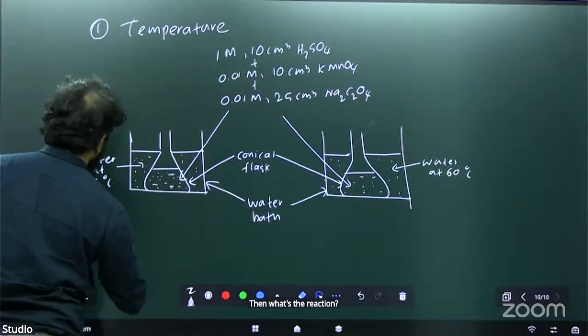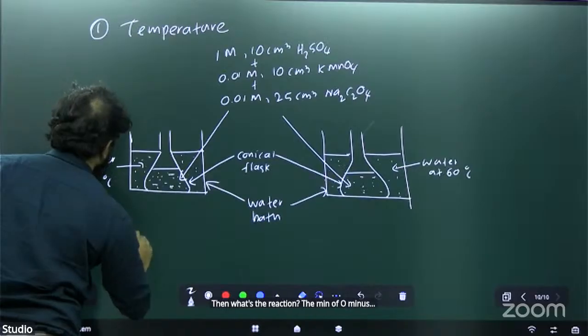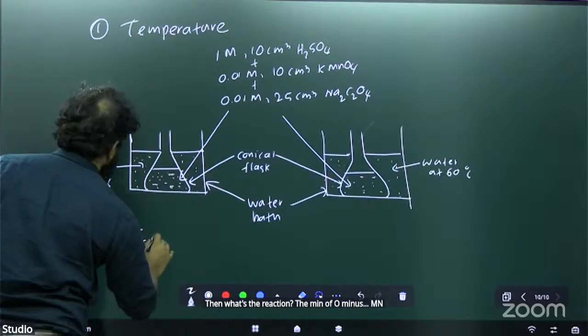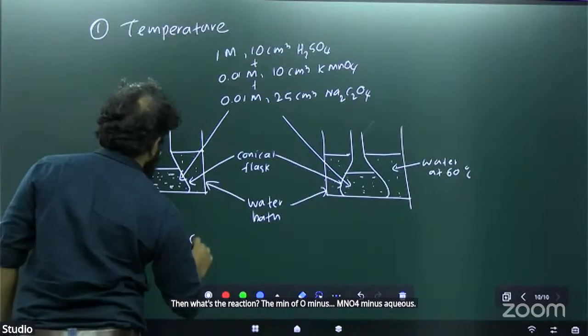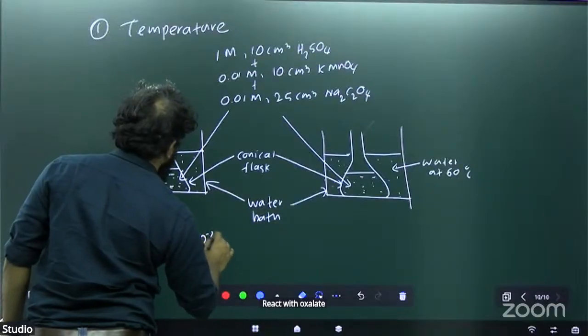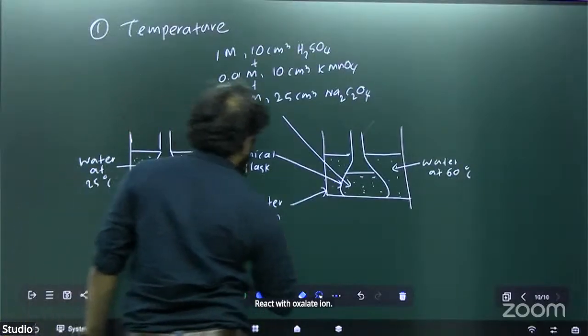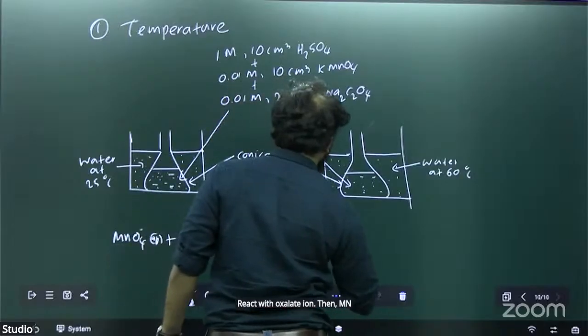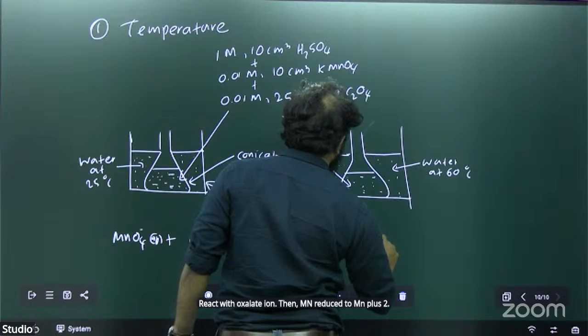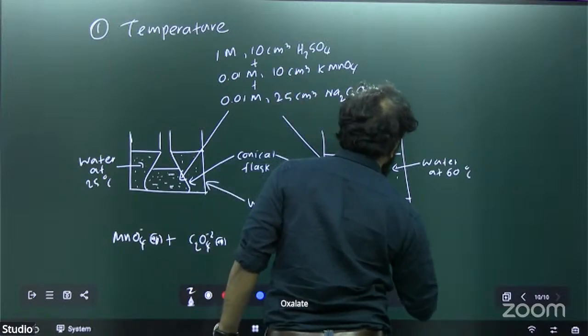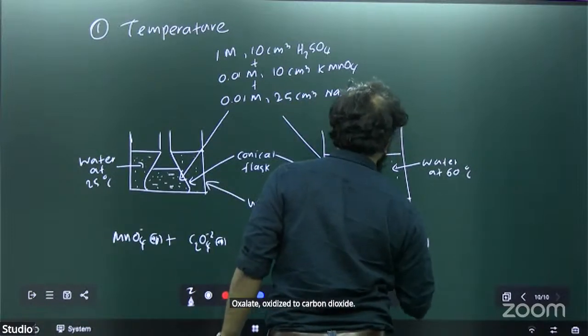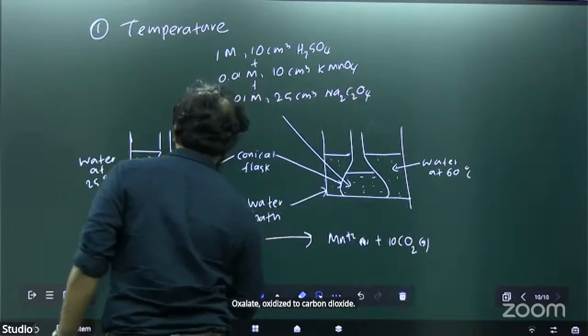The MnO4 minus aqueous reacts with oxalate ion. Then MnO4 minus is reduced to Mn2+. Oxalate is oxidized to carbon dioxide. This is the reaction, right?